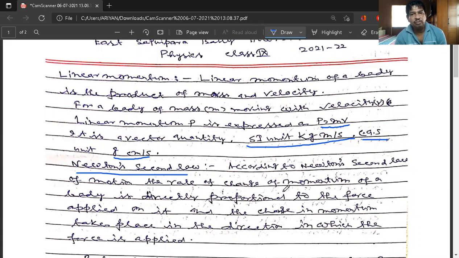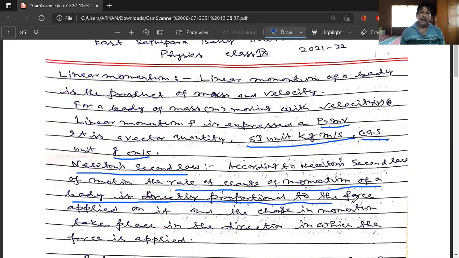The rate of change of momentum of a body is directly proportional to the force applied on it, and the change of momentum takes place in the direction in which the force is applied.